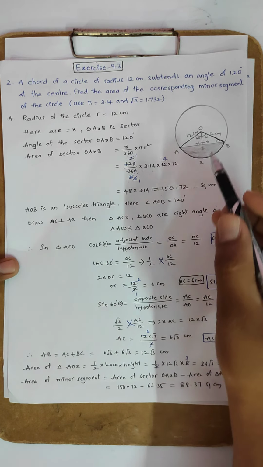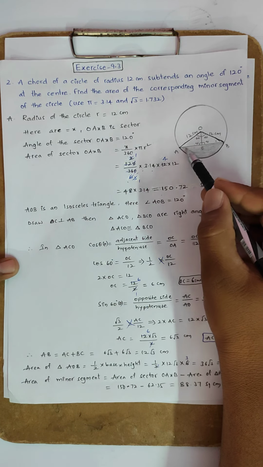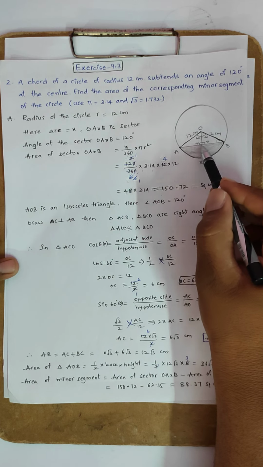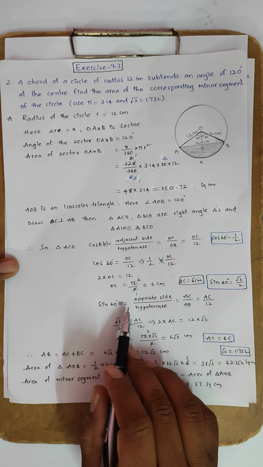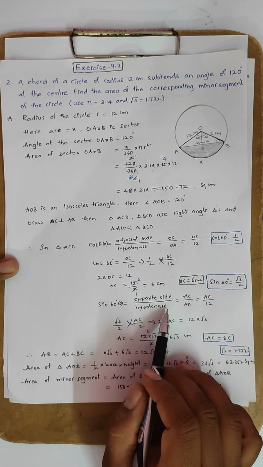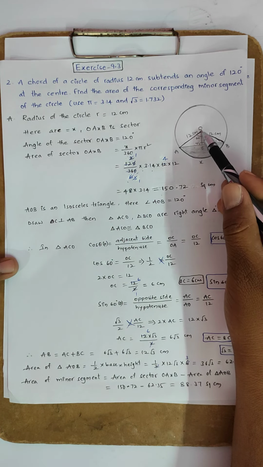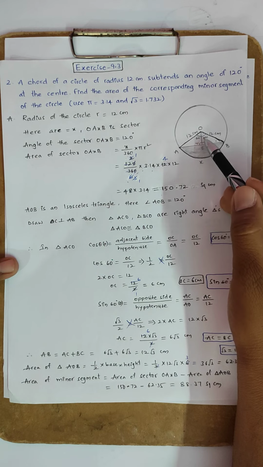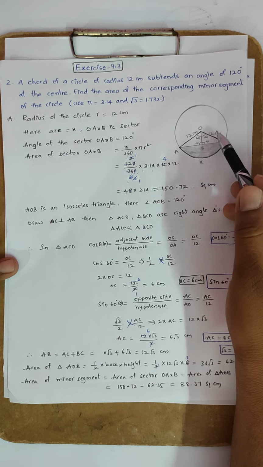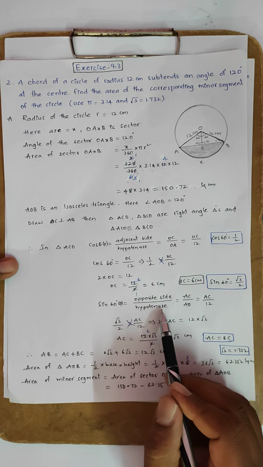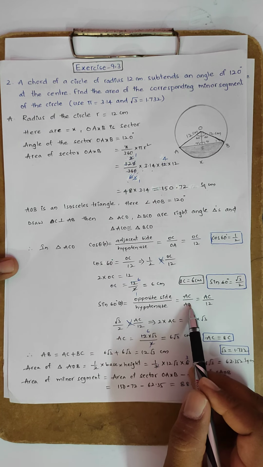Now again, one side we found. What is the length of the base side? For that, using sine. Sin 60 is equal to opposite side by hypotenuse. From point O, this AC is the opposite side, not the base side. Opposite side by hypotenuse, AC by AO.